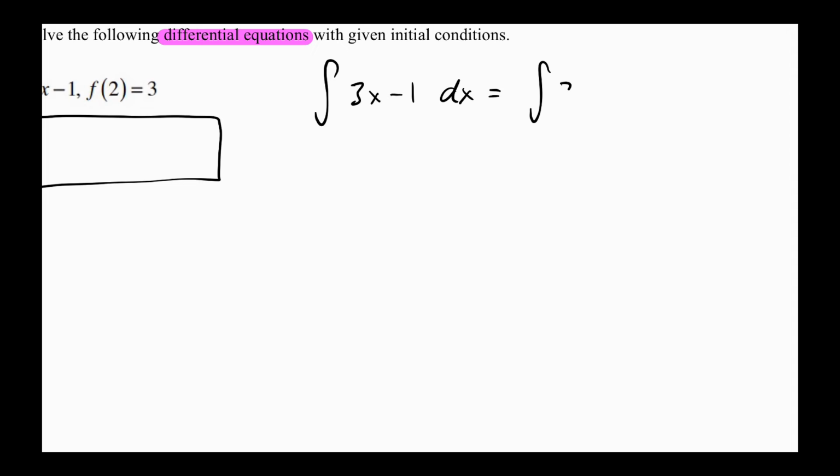So really what I'm doing is finding the antiderivative of 3x dx, I keep forgetting the dx, and the antiderivative of 1. We can separate them like that, or you can do them together. So we're going to use our power rule: add a power, divide by the new power.